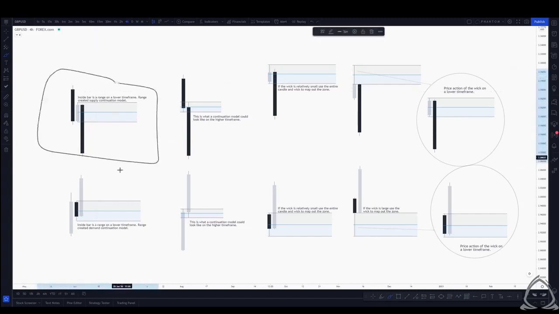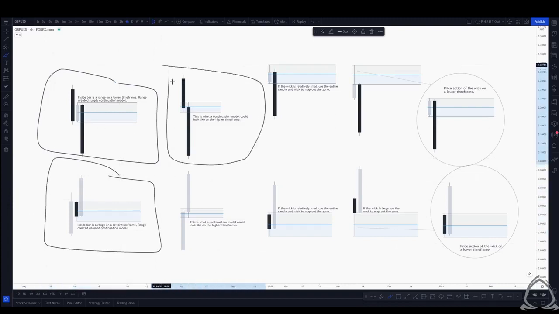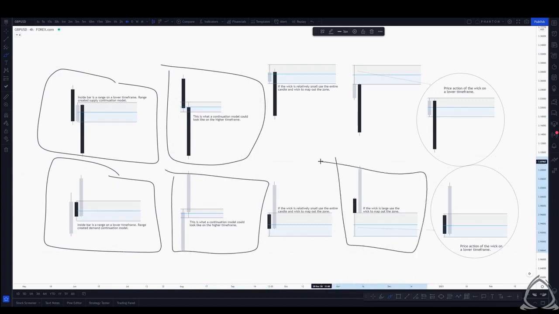Whereas if we stayed in a higher time frame and just saw this phenomenon happening conceptually and understood what was happening on that lower time frame, it would make our lives so much easier. It would make our trades that much easier, and we would be left with higher probability trade ideas that don't involve too much afterthought or second guessing whether that trade should or should not be taken.